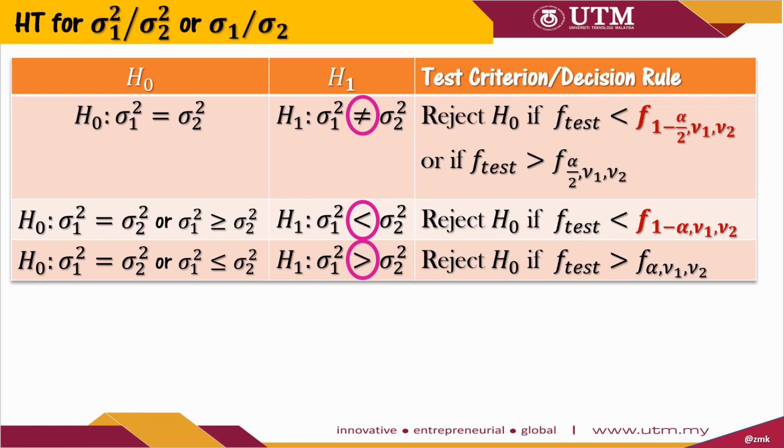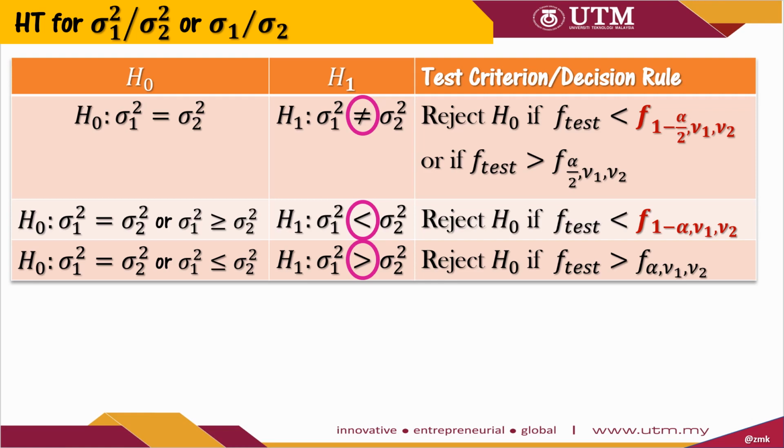Similar to what we did in constructing a confidence interval for the ratios in Chapter 3, again we will use an F distribution as the underlying sampling distribution assumed in this topic. Therefore, we will have an F-test statistic to be the only choice of test statistic in this topic.